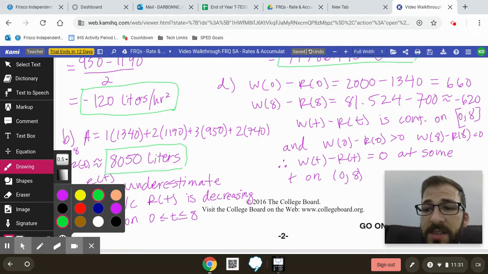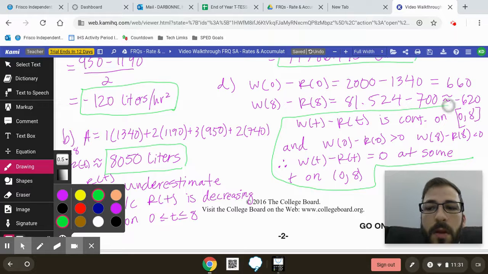And that's basically just quoting IVT to a t. Nice short little sum up sentence.